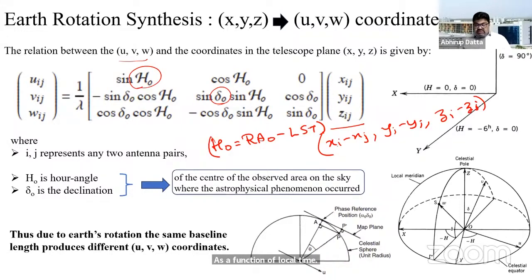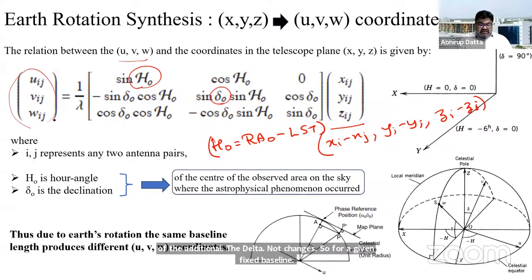So as the source rises in the east and sets in the west because of the rotation of the Earth, the delta naught is fixed, but H0 changes. So for a given fixed baseline, you have multiple U, V, and W coordinates.